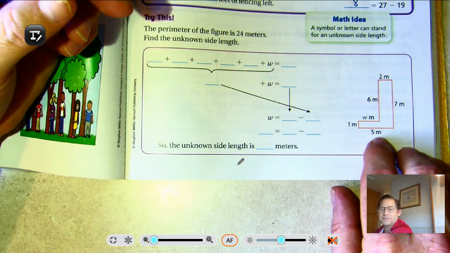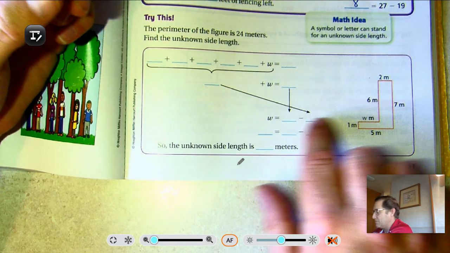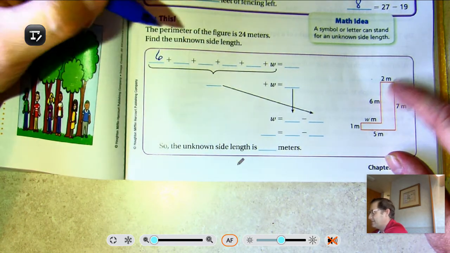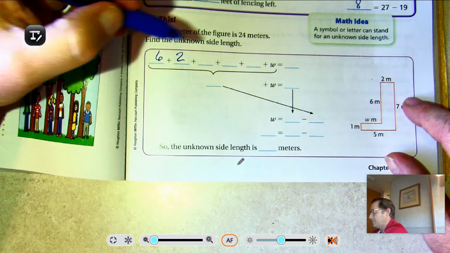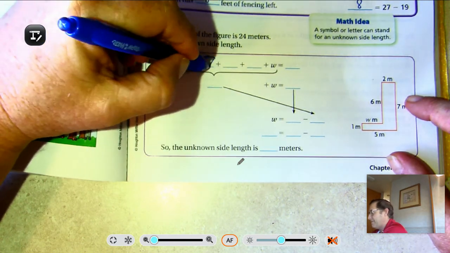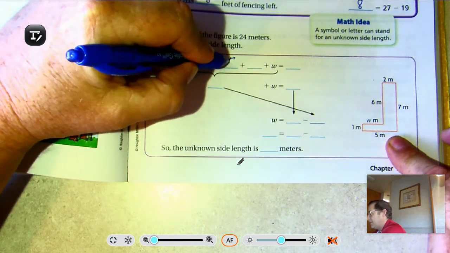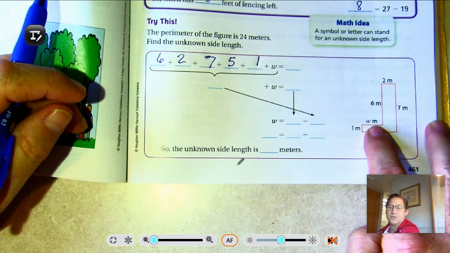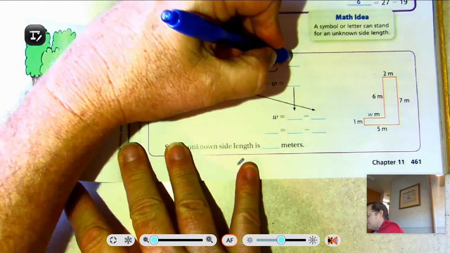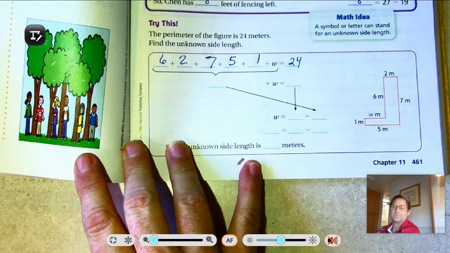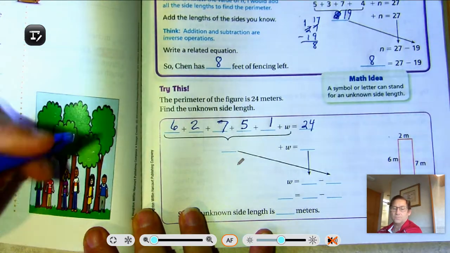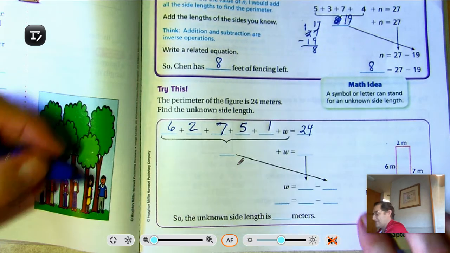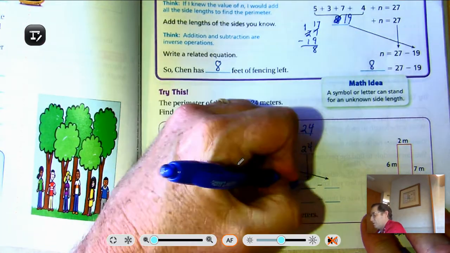I'm going to start, since they've got W last, I'm going to start here and go 6 plus 2 plus 7 plus 5 plus 1 plus the unknown side equals 24. So this amount plus the unknown side has to equal 24.